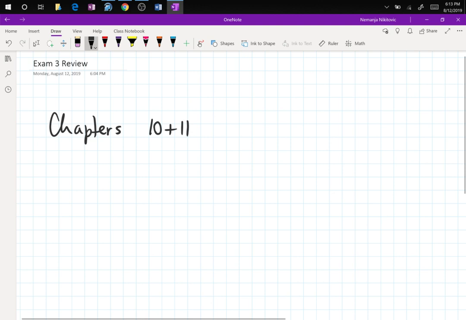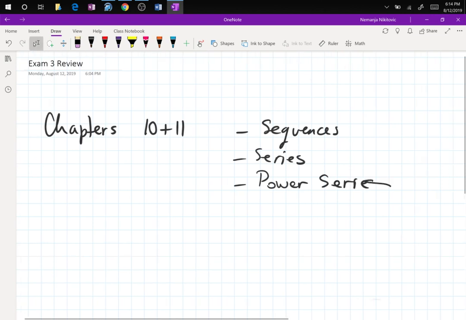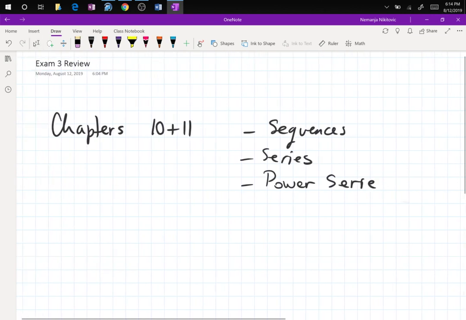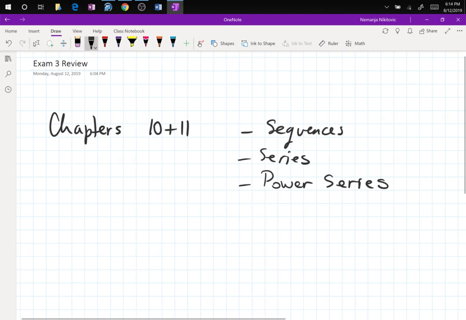We have 3 topics to worry about. Sequences, which is an ordered list of numbers. Series, which is the sum of the sequence. And power series, which is chapter 11, which in some sense are like functions on series.